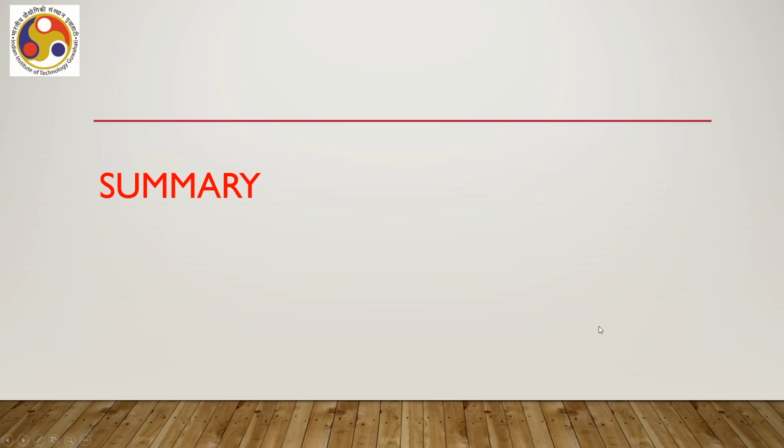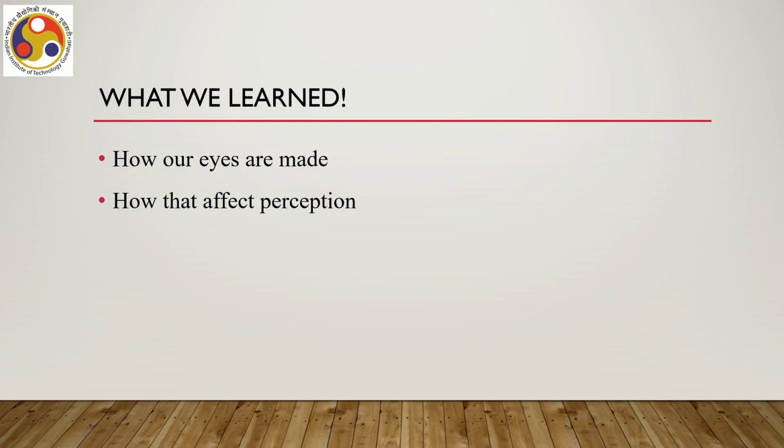So, that is in brief how the physiology of our eye works. Let us summarize what we have discussed so far. We started our discussion on the importance of the visual sense, and the importance of knowing how the visual sense works, and what things we need to know.